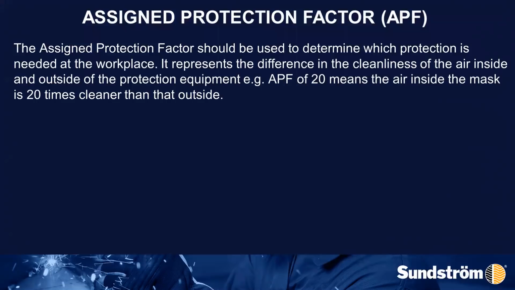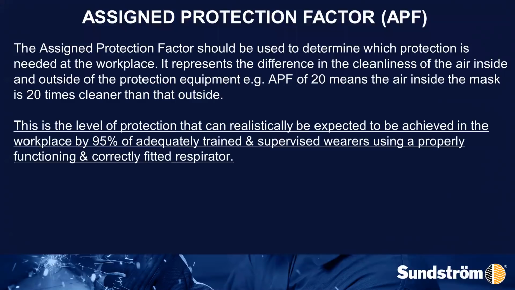Assigned protection factor of 20, it's 20 times cleaner inside the mask, etc. Very important to recognize that that's the level of protection that can realistically be expected to be achieved by 95% of adequately trained, supervised wearers using properly functioning and correctly fitted respirators.